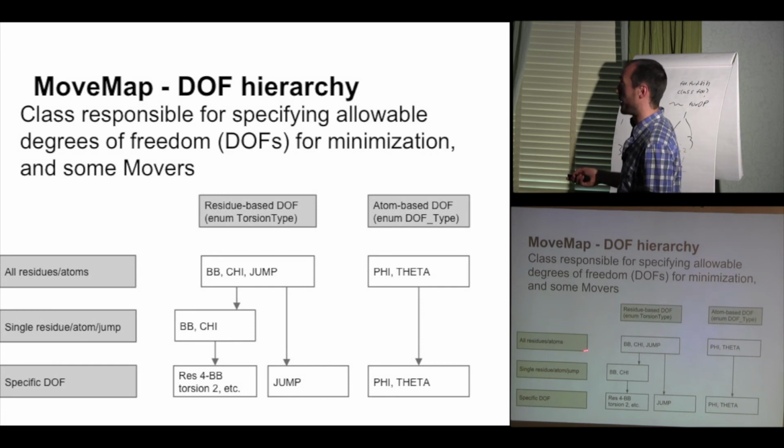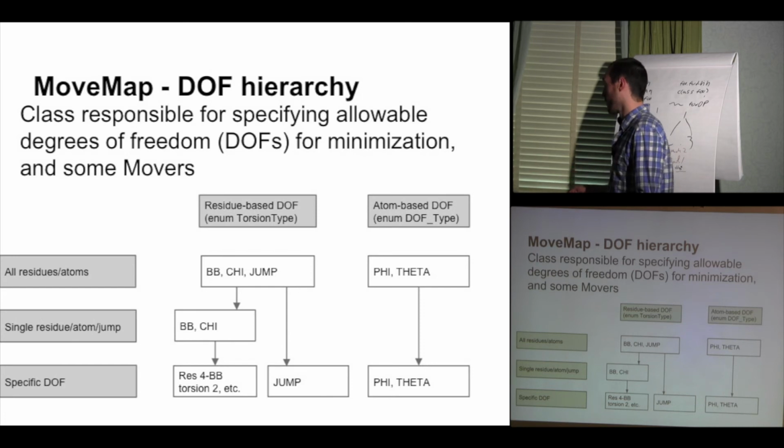There's the entire system level, so all residues or atoms in the system, and there's a single residue, atom or jump, and then there's a specific degree of freedom. There's a representation of each of these in the MoveMap class.